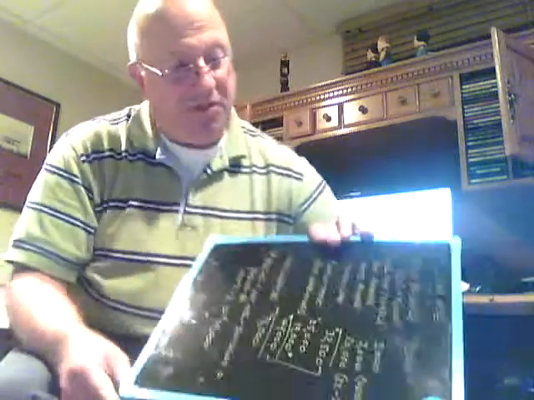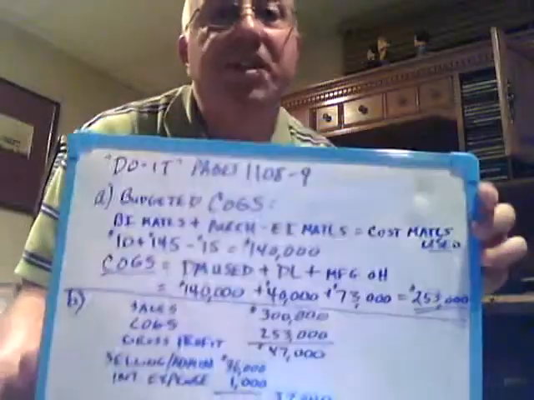And looking at this comprehensive do-it exercise on pages 1108 and 1109, I felt was a good way to review a lot of the different budget type information that we went through during this chapter. So it's broken into three parts, and in part A, what they wanted us to do was to determine the budgeted cost of goods sold.